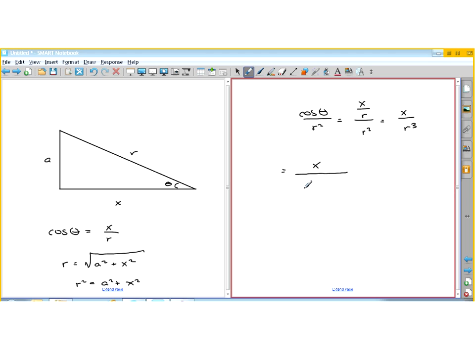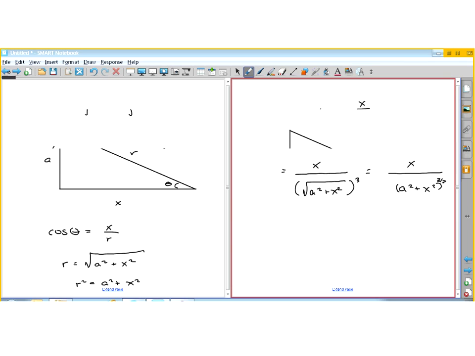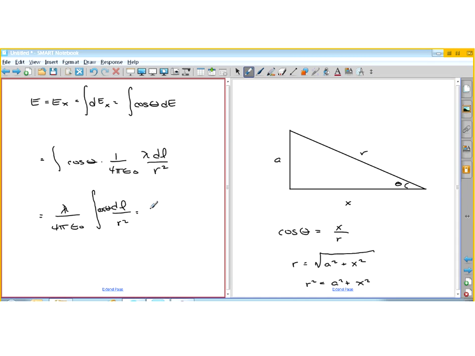So r is the square root of a squared plus x squared, and when we cube it, the ratio of the cosine of theta over r squared in terms of x and a is x divided by a squared plus x squared to the 3/2 power, because you've got r cubed, and 3 times a half is 3/2. Okay, so we'll go back and do that now.